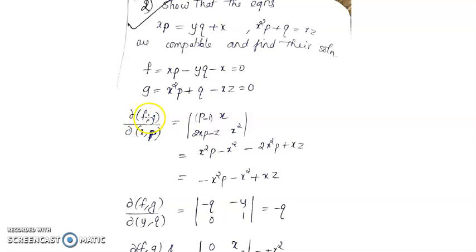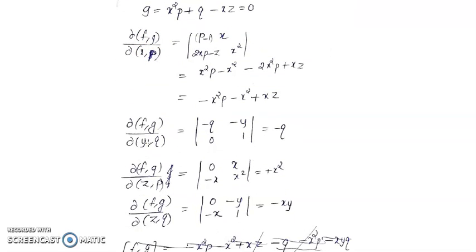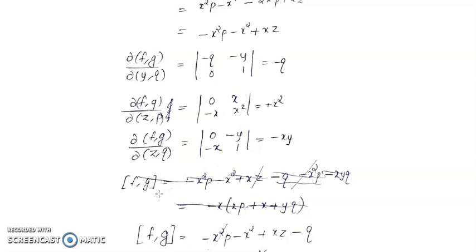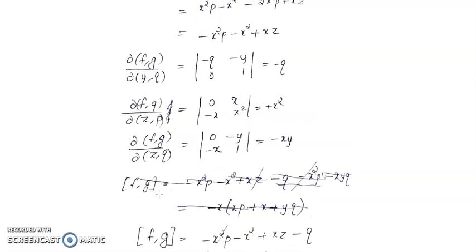So now we will find the required Jacobians. You need to find dou of fg by dou xp, dou of fg by dou yq, dou of fg by dou zp and dou of fg by dou zq.